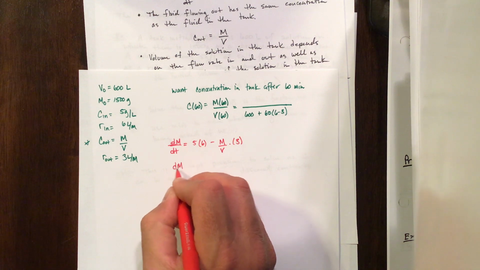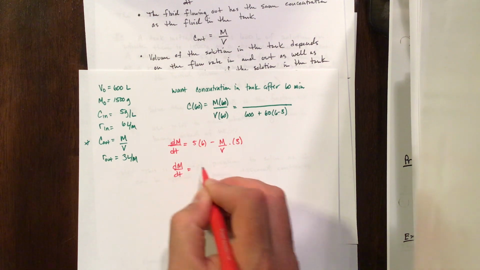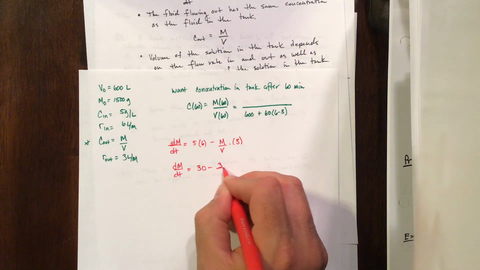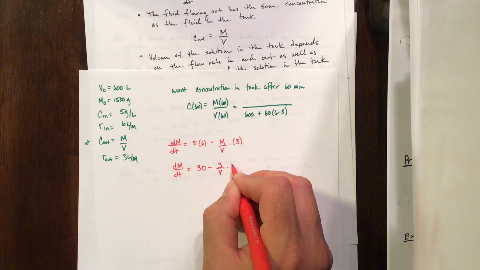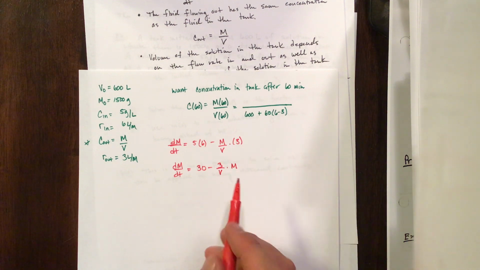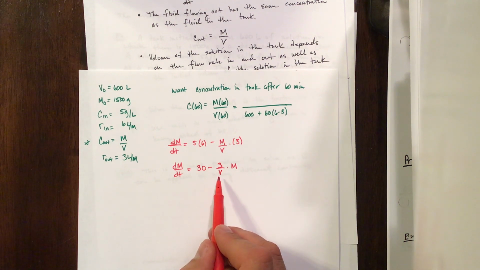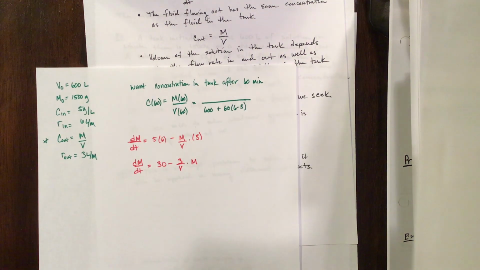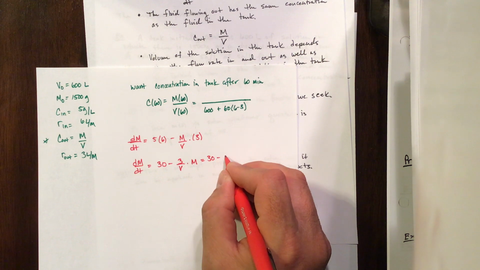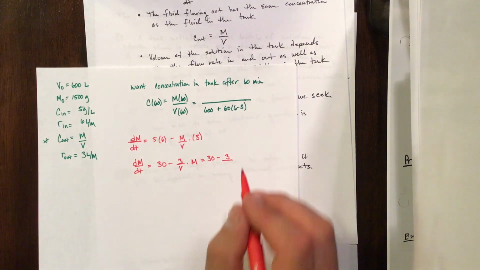dM/dt equals 30 minus 3 over V times M. Okay, we don't want to leave this as V. I probably should have caught that in the last step. 3 over what?